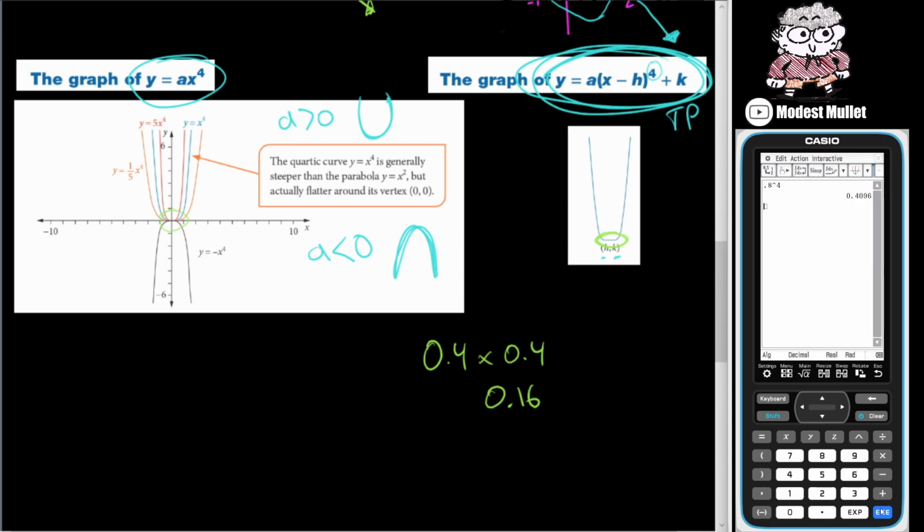So if you're ever having to draw a turning point form of a quartic, you really want to make sure that the bottom side of it, up until x is less than or greater than 1 away from the turning point, is really compressed.